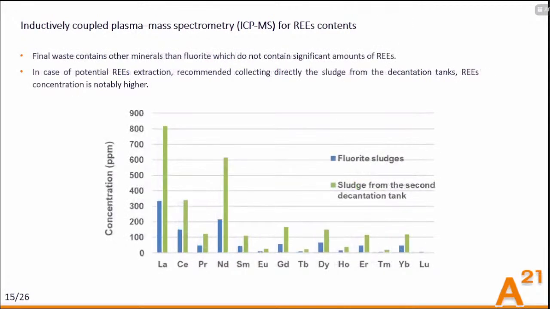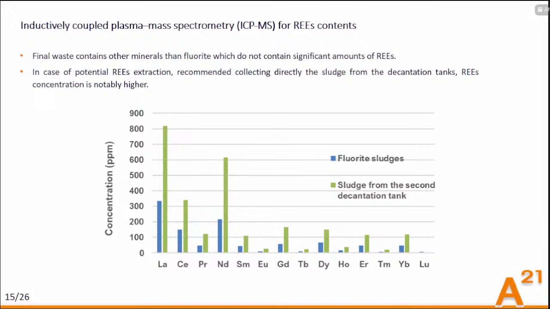And here we have the comparison of the fluoride sludges from the landfill, which are the blue, and from the second decantation tank in the factory where they produce the dicalcium phosphate. The wastes go through 3 different decantation tanks, where they are retreated with hydrochloric acid just to increase the efficiency.